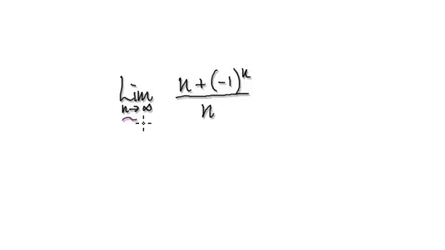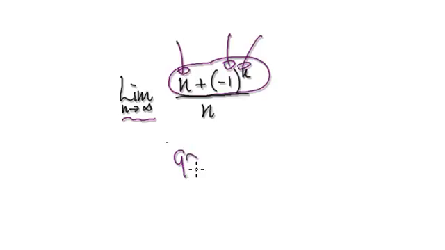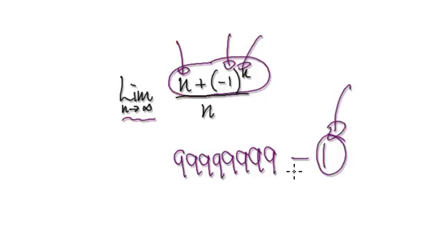So here, as n becomes very, very big, you're adding and taking away a tiny amount. Suppose n gets very, very big. Let's say 999999999, and then you take away 1. This one here is negligible. Or if you add 1, you're adding a tiny amount, which is next to nothing.